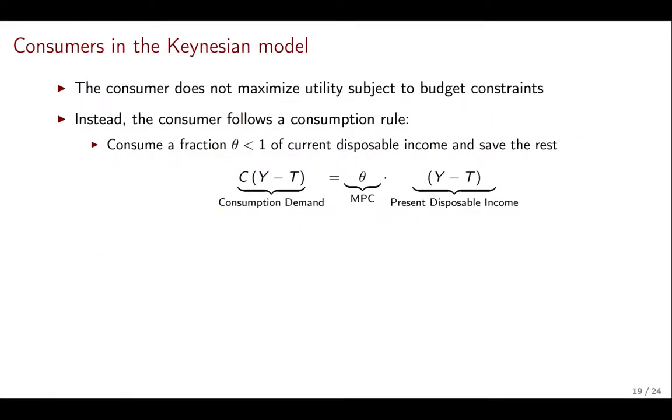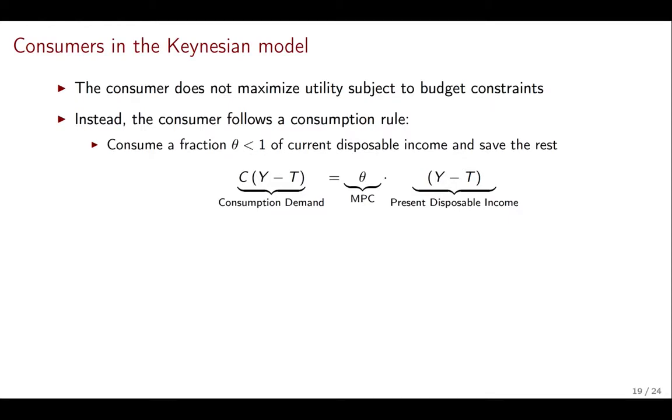So the first thing is to think about how the models are different. The consumers in the Keynesian model do not maximize utility subject to budget constraints. Instead, we're going to have them follow a consumption rule. So we're going to say that consumption in the aggregate for an economy tends to be some multiple of present disposable income. And this is important in many respects.